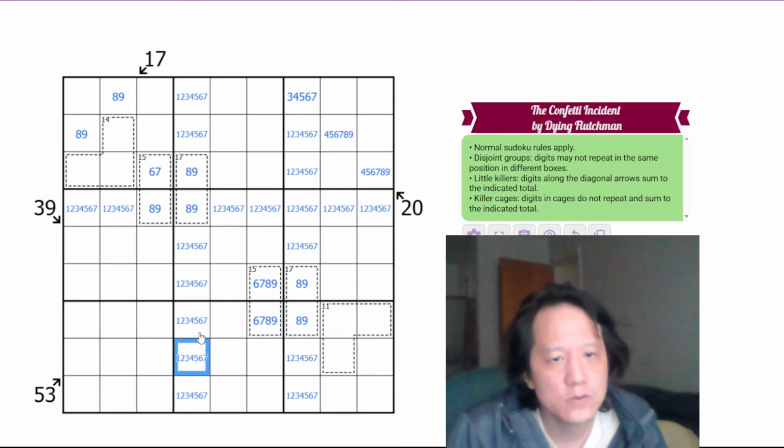So we know these are different 8-9s. So this is blue. This must be, we'll make that pink, so this must be pink here, which makes this blue here, and this must be blue.